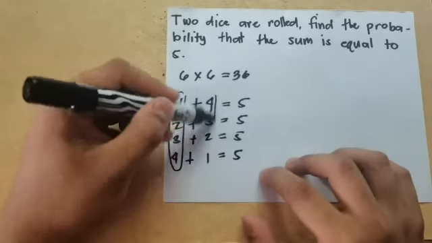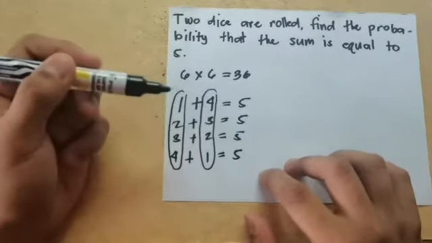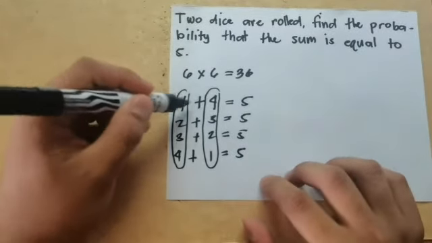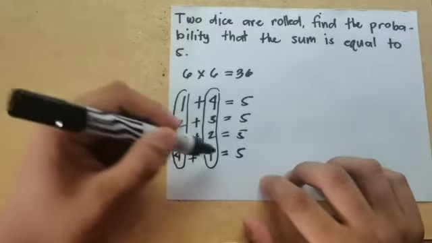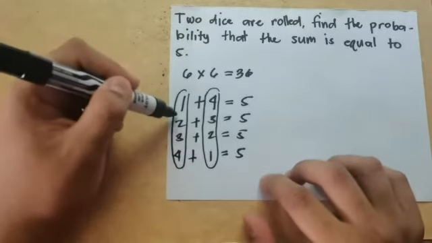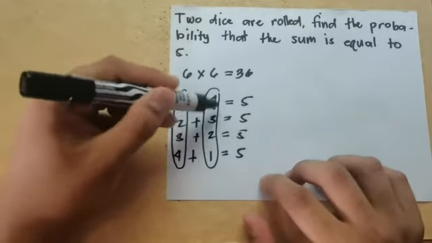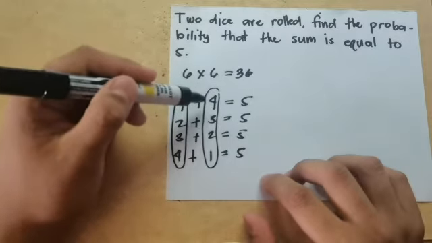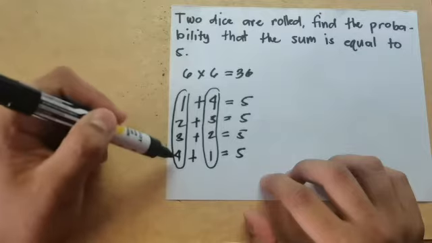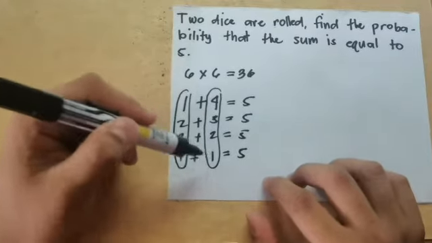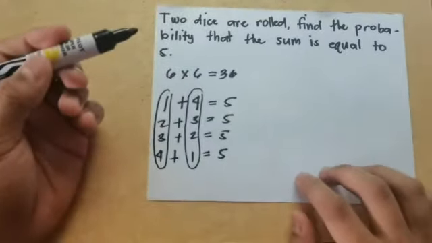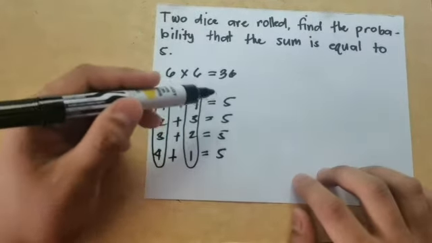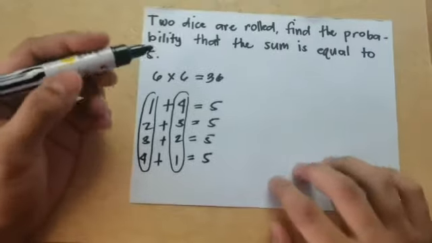The second column represents the second die. So if you're asking why these two outcomes are not the same, that's because in this outcome, the first die is 1 and the second die is 4. And in this outcome, the first die is 4, the second die is 1. So there are only 4 favorable outcomes.